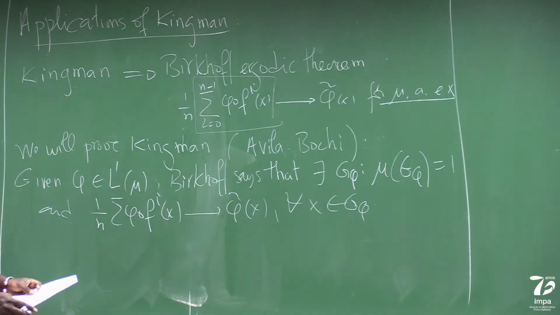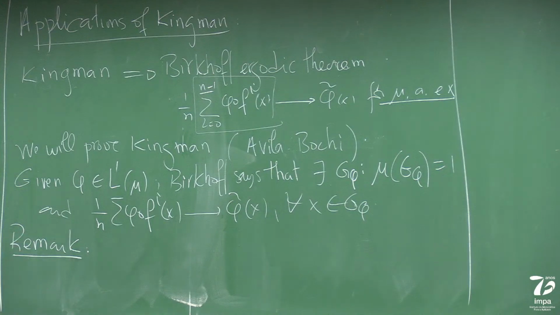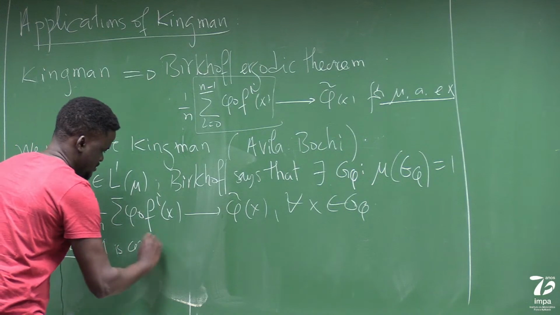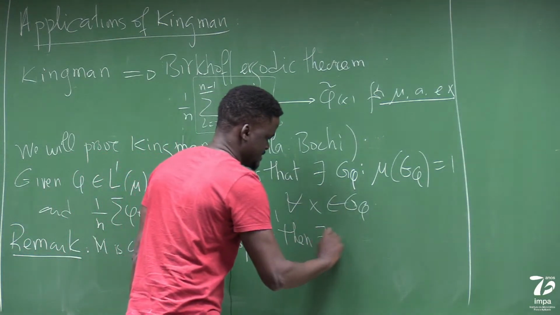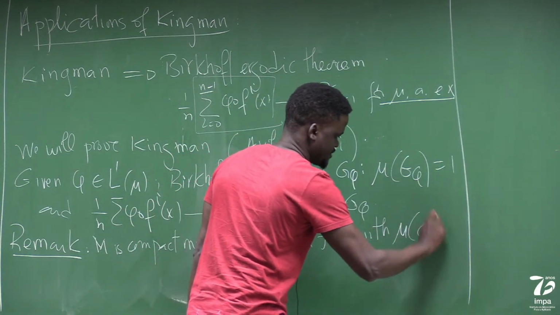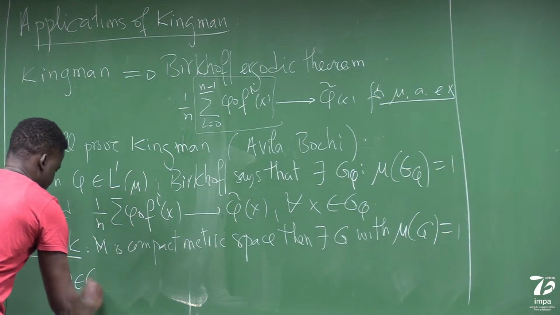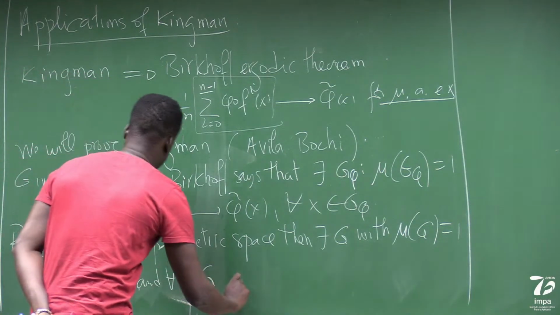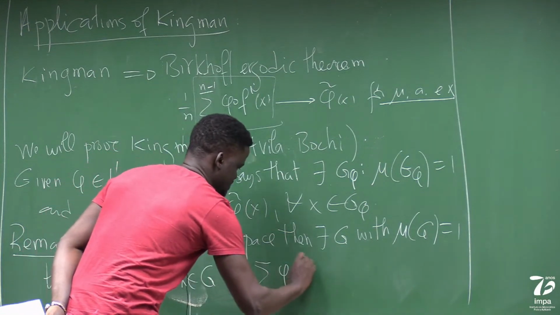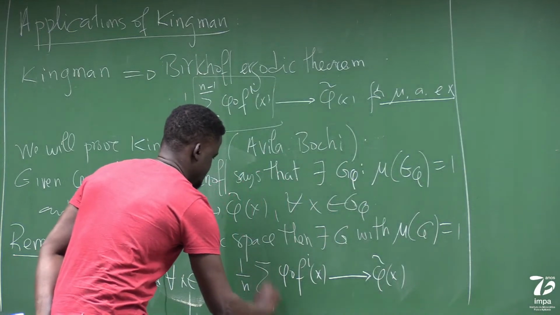All right, and if you remember, we had this remark last time that if you put more structure on your space, like if M is a compact metric space, then there exists G with full measure, a full measure set that works for all continuous functions, such that for every phi in C0(M) and every x in G, you have this convergence: the average of phi composed with f^i, i equals 0 to n minus 1, is converging to phi tilde of x.